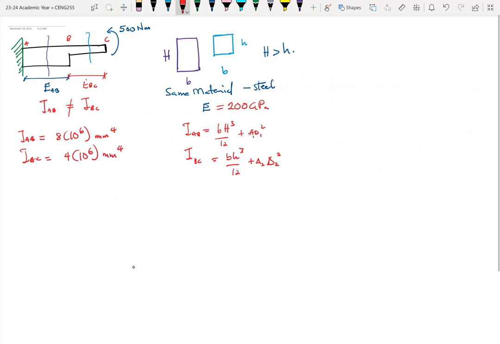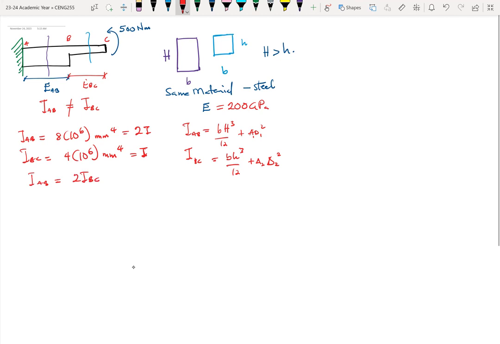We can see clearly, assuming that I let IBC be equal to I, then it means that IAB is 2 times I, based on the values that we have. I can make this analysis. All right, so IAB is equal to 2 IBC.